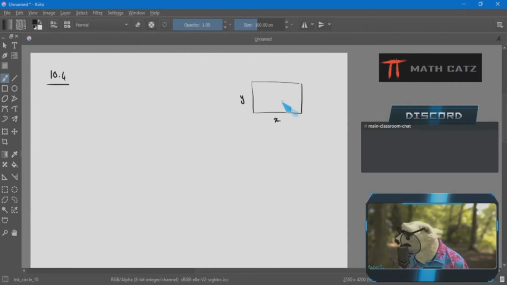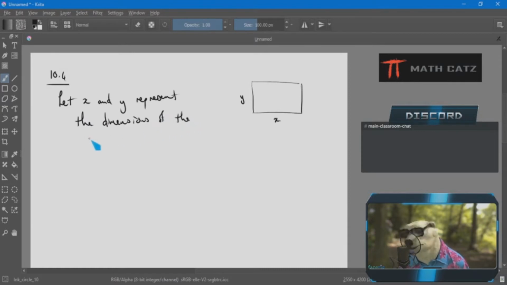It helps me, but I have to say, let X and Y represent the dimensions of the garden. And then I can point the reader to the diagram as shown, but I need a sentence.